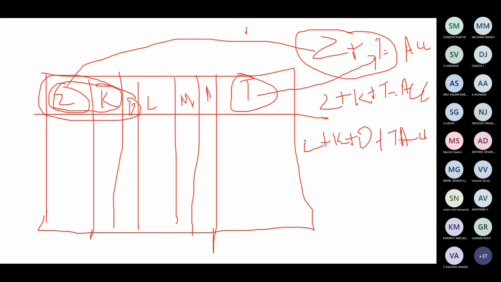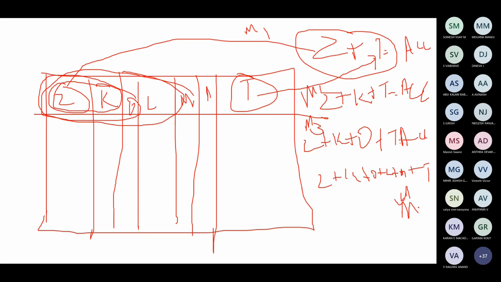So this is one model M1, this is model M2, this is model M3. Then Z plus K plus O plus L plus M, only for feature selection, plus the target, to take the accuracy out of it. Then you can take Z and T to take the accuracy, and you'll get another model.